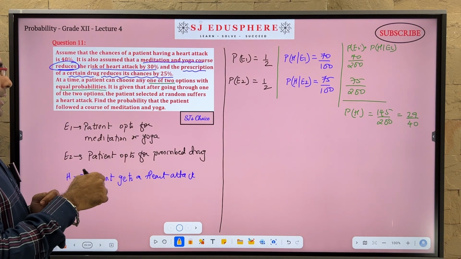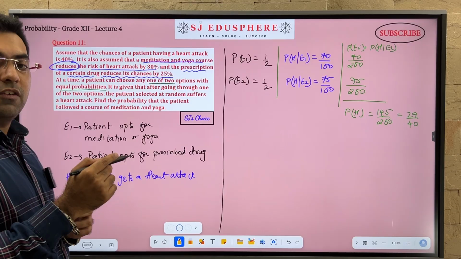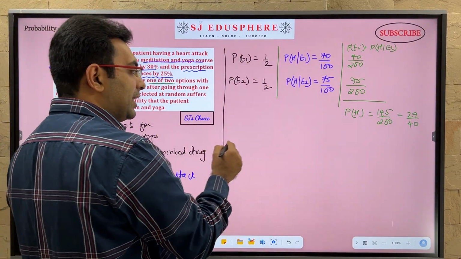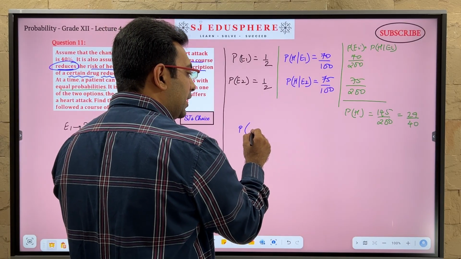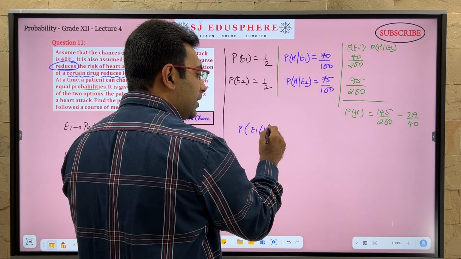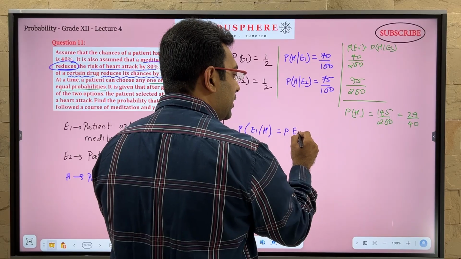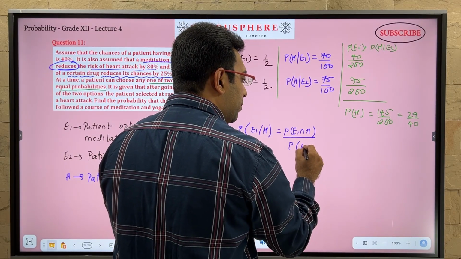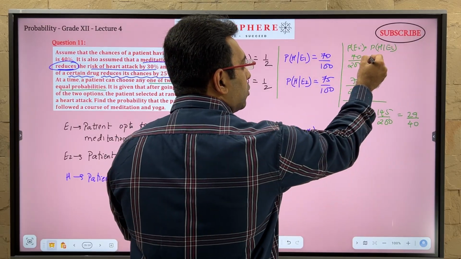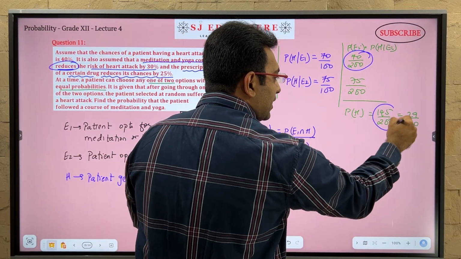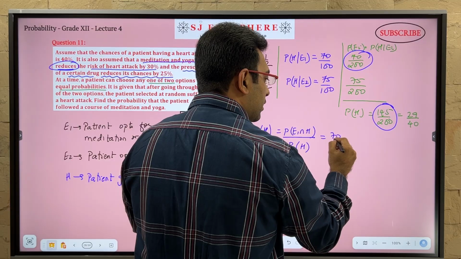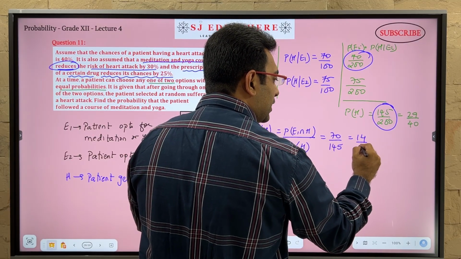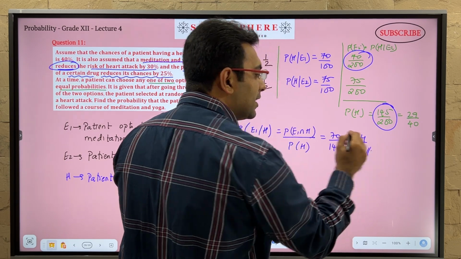Find the probability that the patient followed the course of meditation and yoga. So meditation and yoga is E1. So probability E1 given H is probability E1 intersection H upon probability of H, that over here is 70 divided by 145. So 14 upon 29.